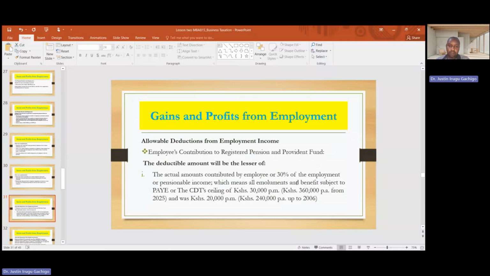That's the Commissioner of Domestic Taxes ceiling, or the actual amount or the prescribed amount, which is 1,000. So you're going to look at those three criteria.